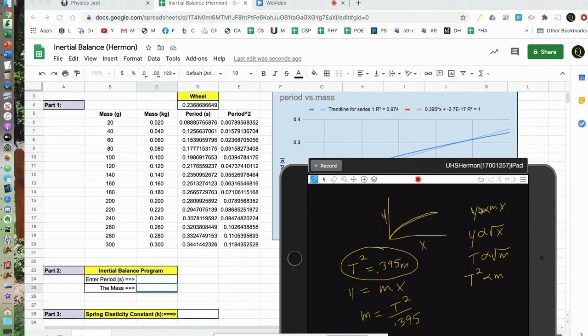Now that'll be your mass in kilograms, and we actually want this mass to print out in grams. So if this is in kilograms, what do I do? 1 kilogram is 1,000 grams. So I'm going to multiply this equation by 1,000. So I'm going to take period squared times 1,000, divide by 0.395, and that should be my mass. So that's how I'm going to write this little program.